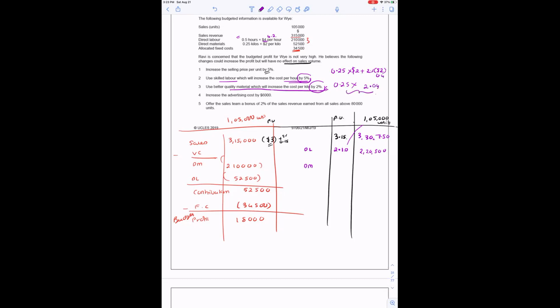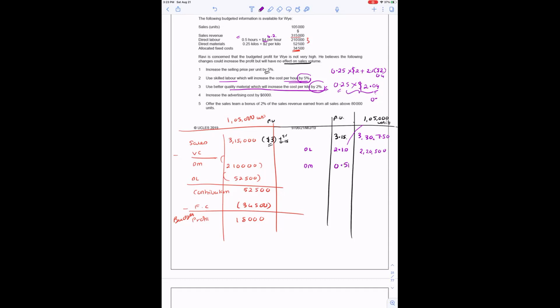So per unit it would be 0.25 into 2.04, which gives me 0.51.